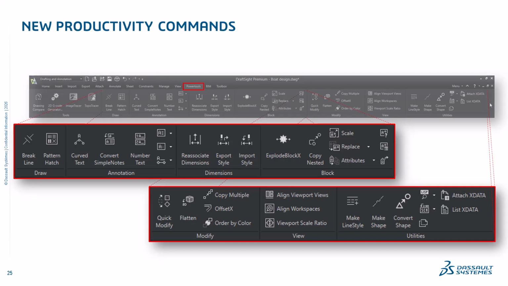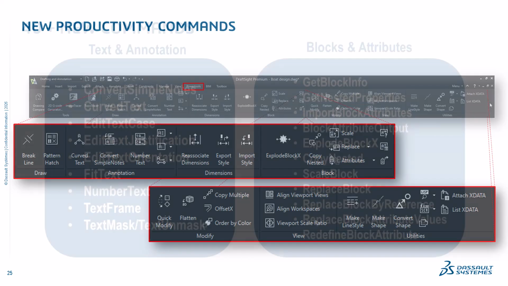With DraftSight 2026, this area has been significantly enhanced. As you can see, the ribbon is now fully built out with multiple panels, each containing a broad set of commands designed to improve efficiency and streamline your workflows. So this transformation turns Powertools into a truly productive hub, giving you that direct access to DraftSight's advanced capabilities.